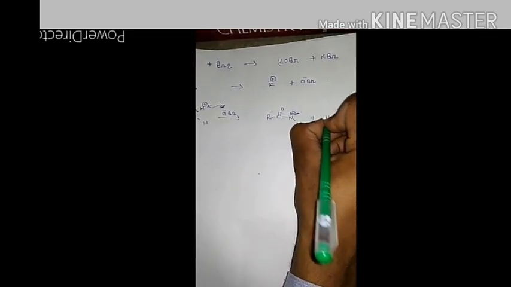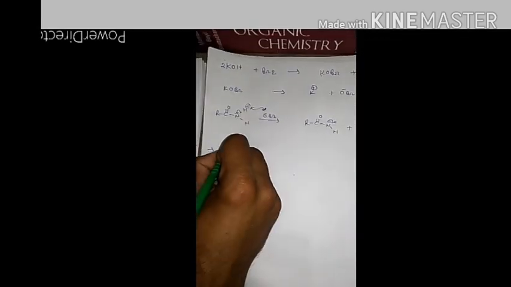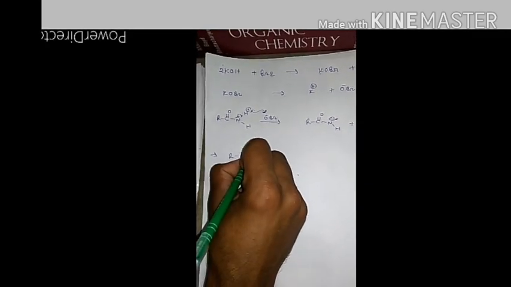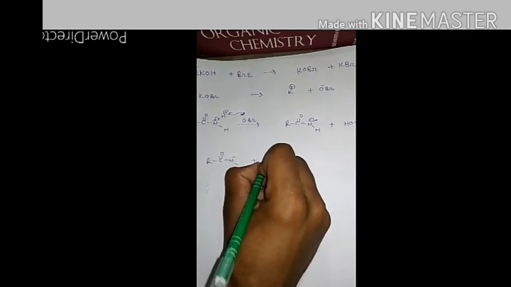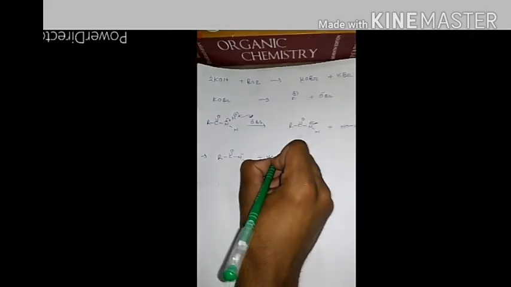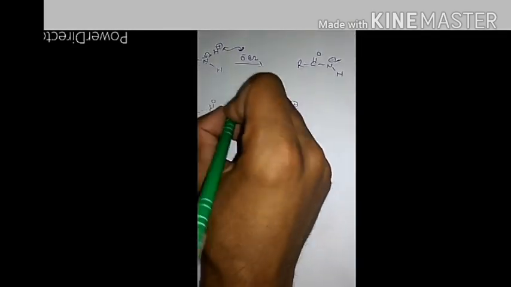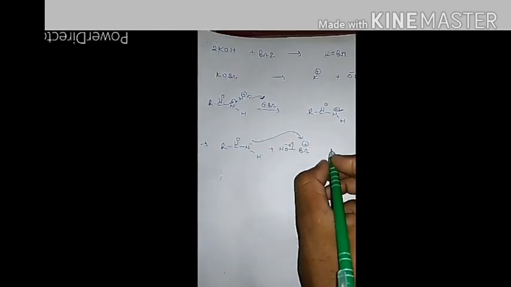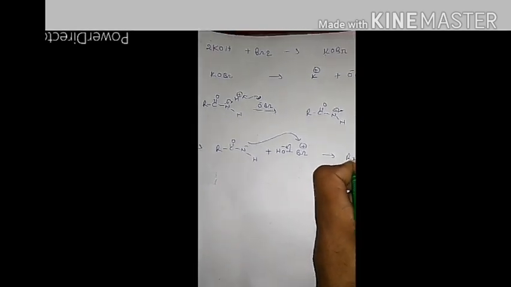And Br. This bond breaks, here negative and here positive. This nitrogen attracts this bromine ion and forms N-bromamide.